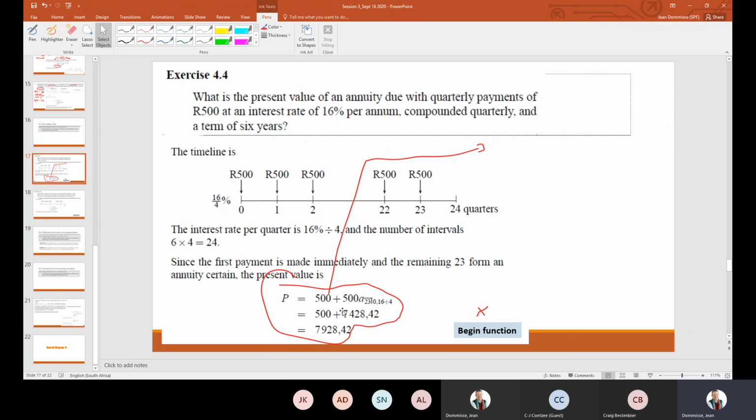So let's quickly look at this formula. We need to calculate the present value of an annuity due with quarterly payments of 500 at an interest rate of 16%. Okay, so PMT is equal to minus 500.